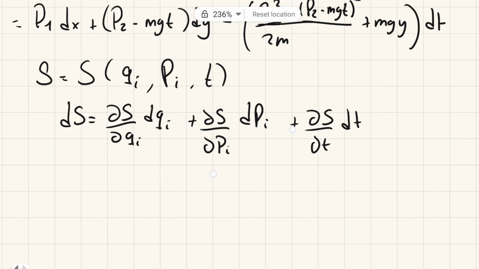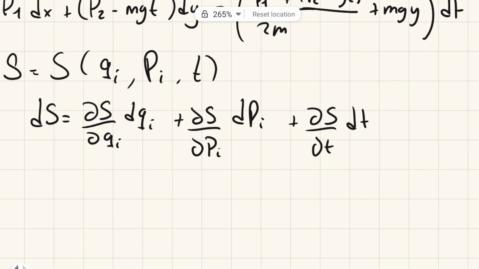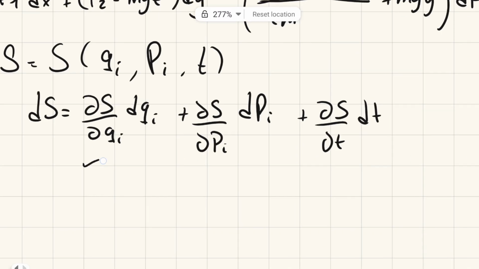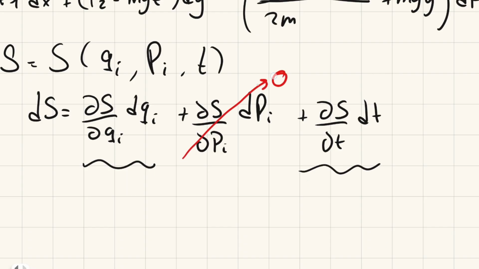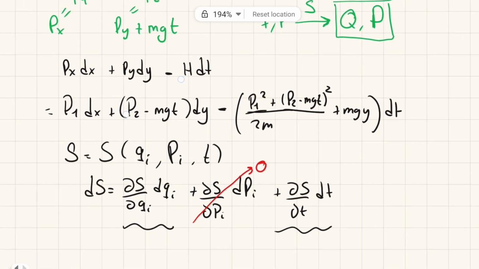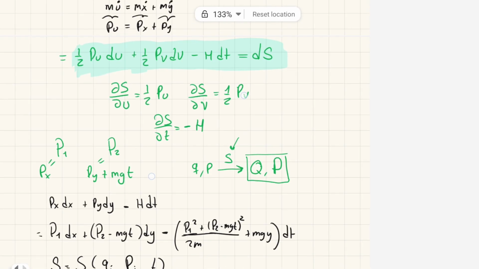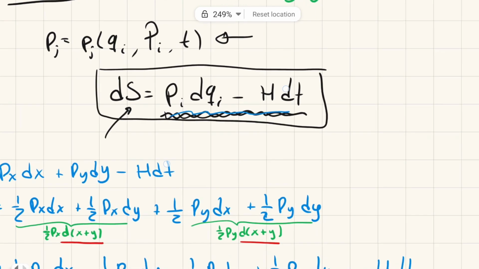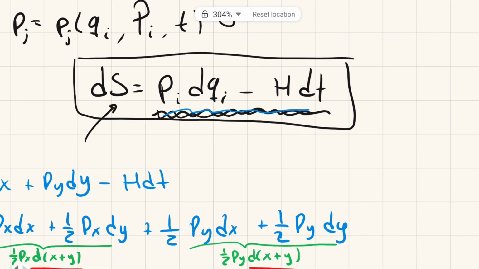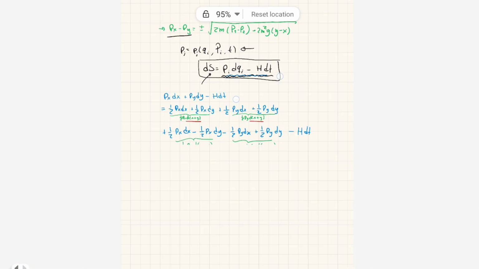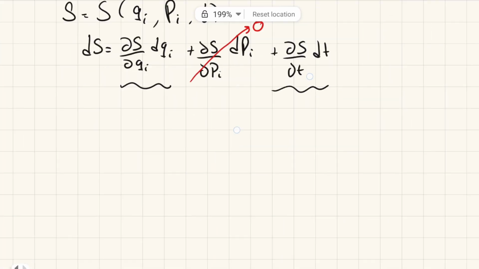Remember that Liouville's theorem says that we can express s only as the sum of this element with this element. So this element is going to be equal to 0, right? Liouville's theorem tells us this, where these are only the little p and the little q.